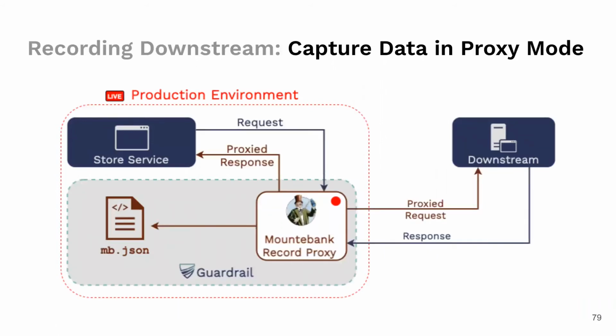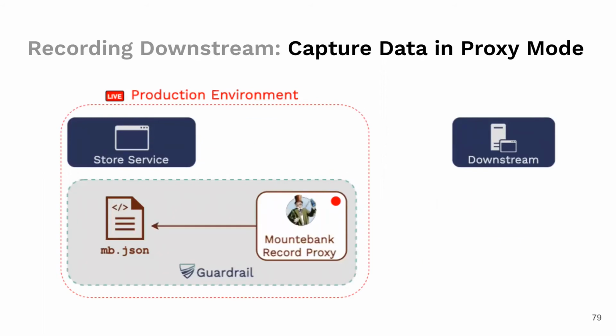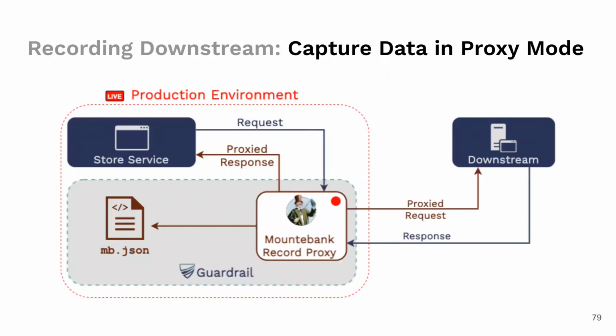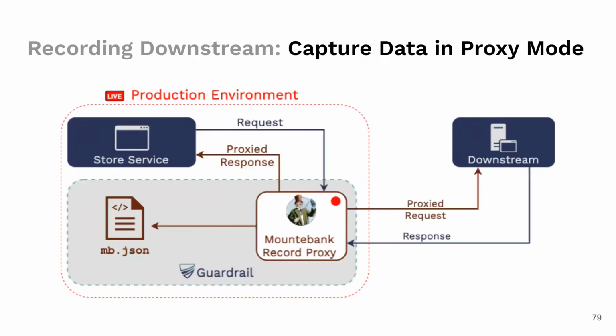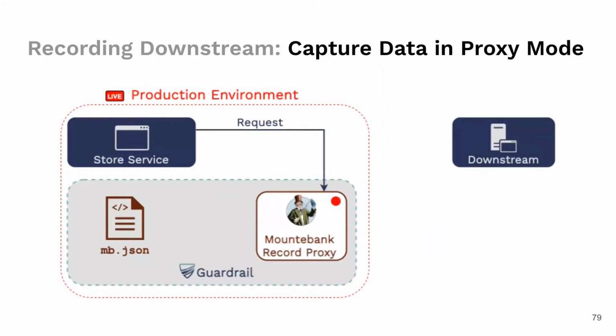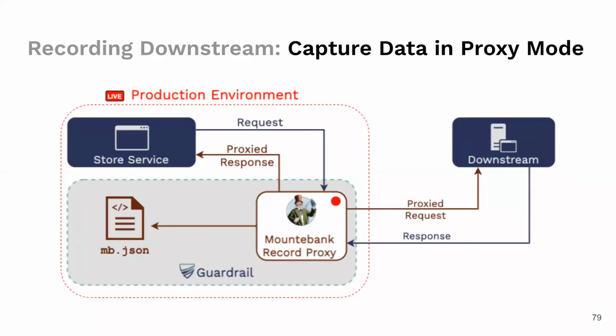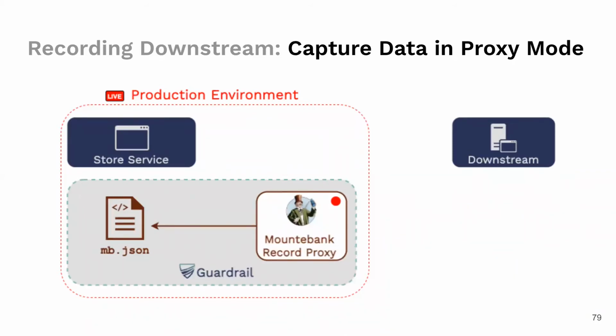A virtual service mimics the real downstream dependency by first gathering data in proxy mode. In that mode, it creates a record for every unique request that matches a pattern. We have configured the pattern to uniquely identify a single request so that it can be matched for responses later on.